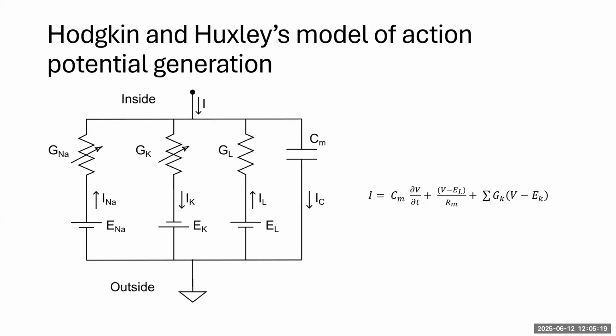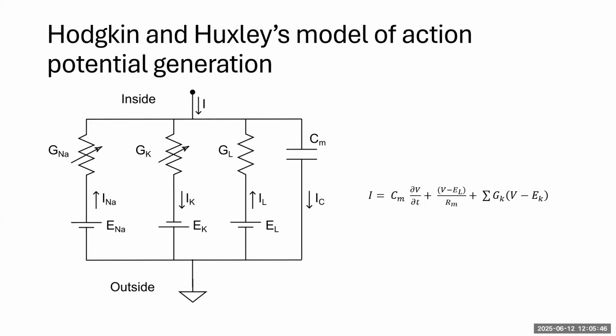So they will have some conductance, and this conductance is variable. That is what these arrows on the resistance symbol are indicating. And they will also have their Nernst potential, equilibrium potentials for each of these ions. And because sodium has a force moving it towards inside, the sodium battery is inwards, and potassium has the chemical force moving it outside. EK is representing the potassium reversal potential and it is outward.